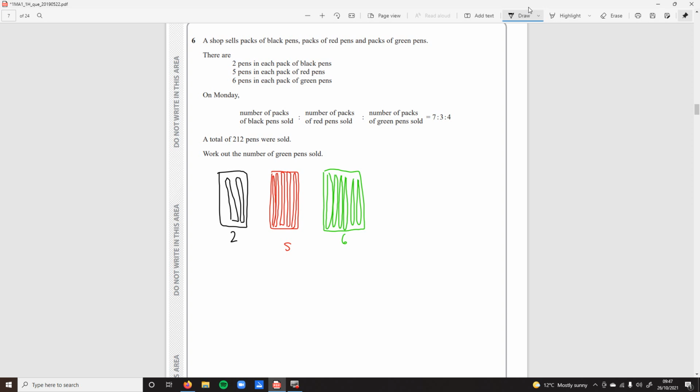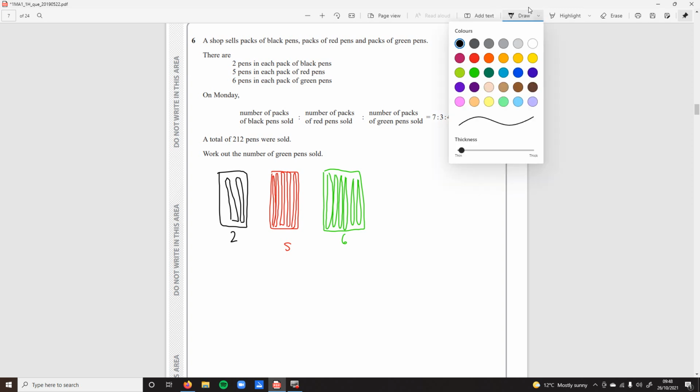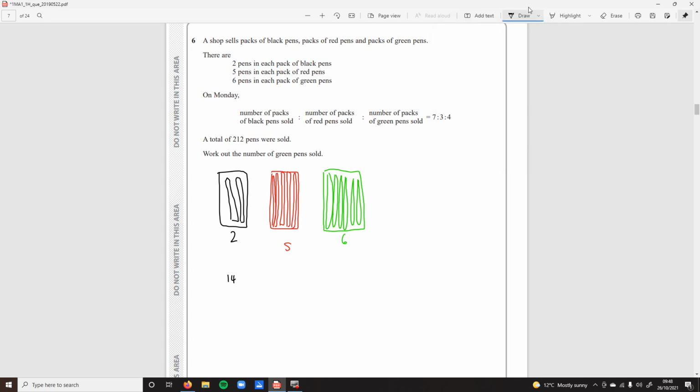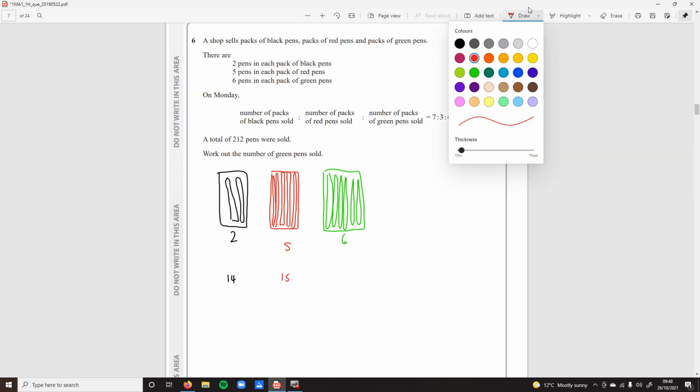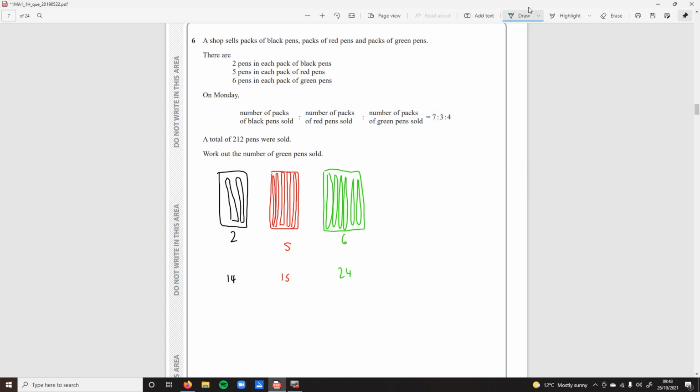A total of 212 pens were sold. What I'm confused about is how you work out the ratio. Oh no, well you must just... So 14 to 15 to 24. Is that how you do it?